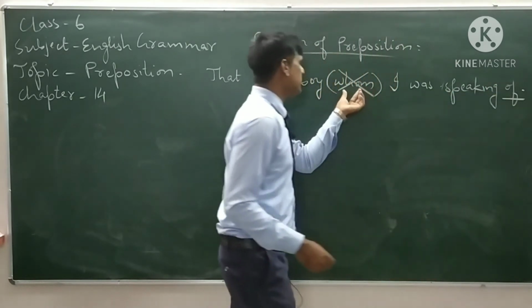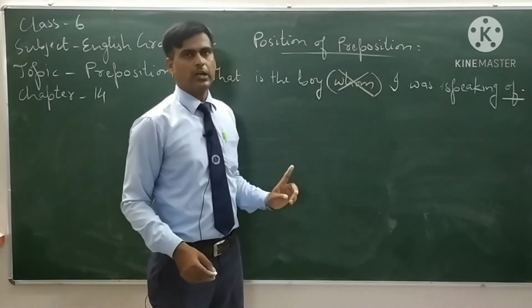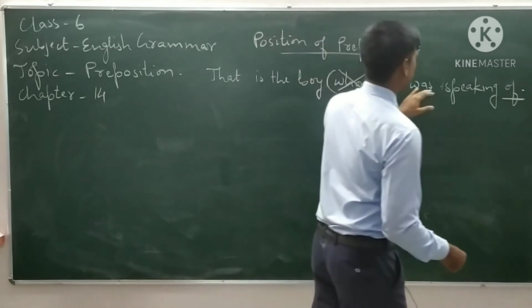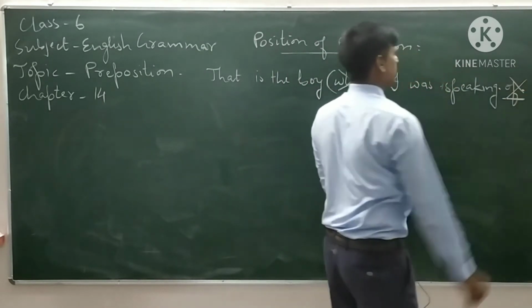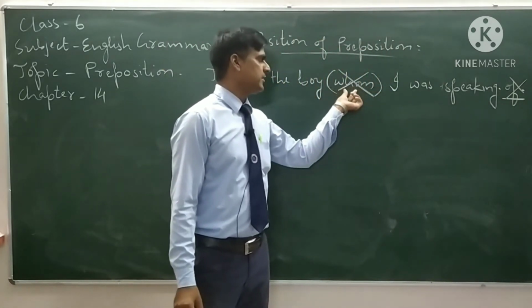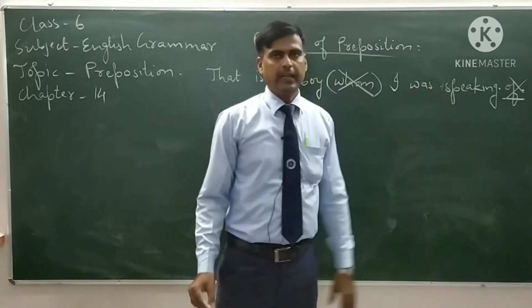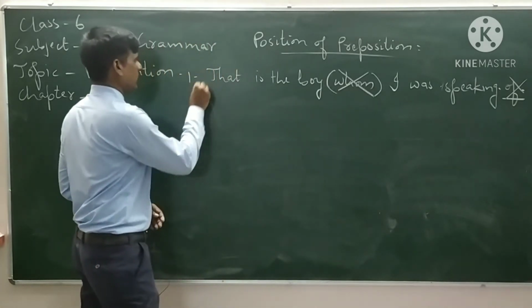If we use the relative pronoun whom, then we will not use of. If we say that is the boy whom I was speaking, then the sentence is complete here. But if we leave out this relative pronoun, then we can use of in the end of the sentence. This is point number 1.